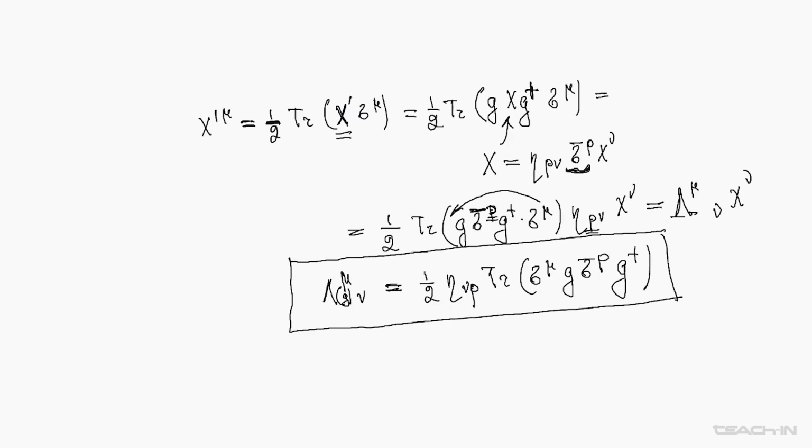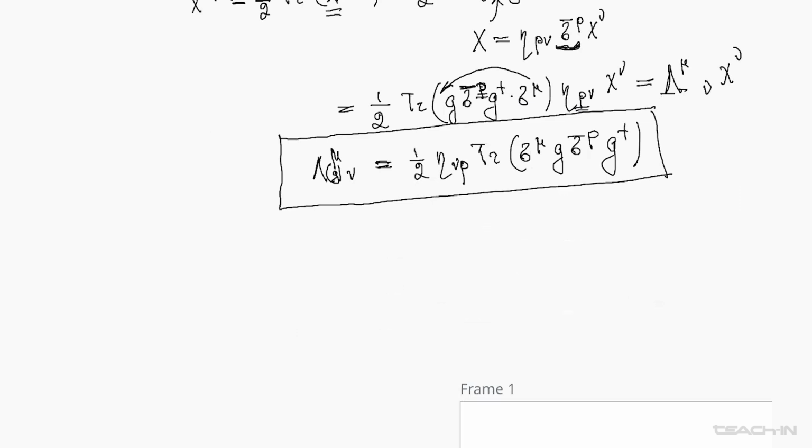So in fact, what this formula is telling us is that it gives us a map from SL2C to the group SO plus 1,3. Why am I saying SO plus 1,3? This is because, first of all, if you restrict yourself to the lambda 0,0 component of this matrix, putting here 0, 0, what I'm getting is 1/2 eta 0 rho.